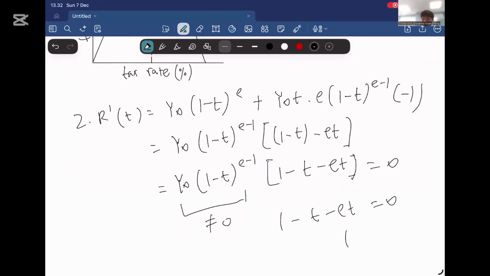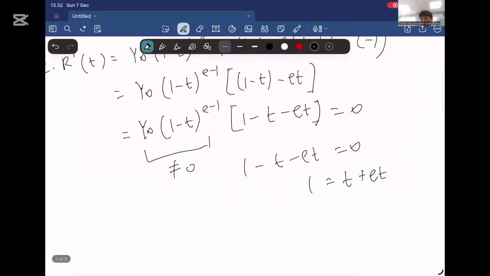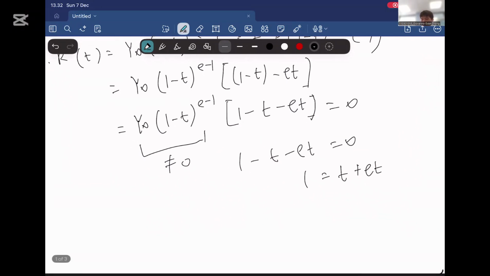So 1 equals T plus ET. Let's put the T outside the bracket. So like this, 1 equals T times (1 + E). So the T star equals 1 per 1 plus E. So this is the T star.